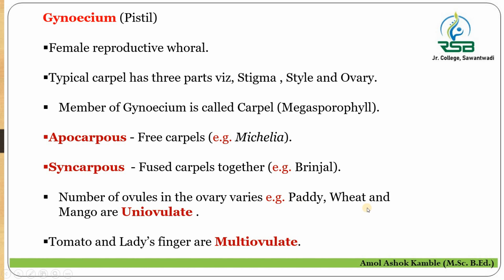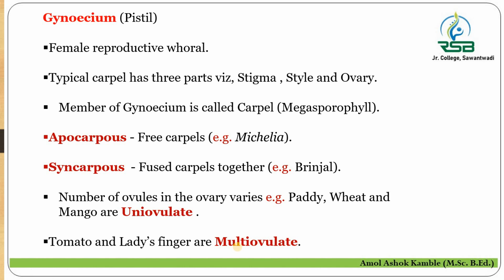So there is a uni-ovulate condition. Let us come towards the tomato, which is multiple, many seeded plant. Lady's finger, many seeded. So in case of tomato and lady's finger, a number of seeds are there. Therefore, it is called the multi-ovulate ovary, which shows many ovules.